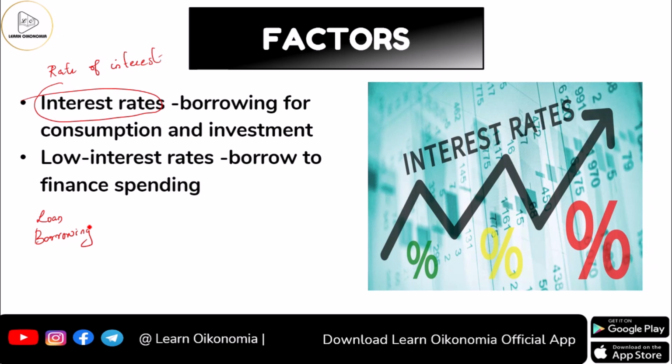When we borrow some money from somebody else, let it be from a bank, relatives, friends or neighbors, we have to pay a monthly interest to the lender. If the rate of interest is low in the economy, there can be chances for more borrowing. So, a low rate of interest will make more borrowing.